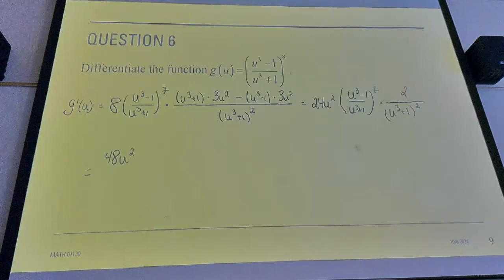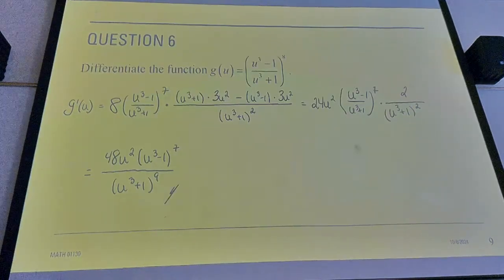We get a 48u squared times u cubed minus 1 to the 7th power in the numerator, all over u cubed plus 1 to the 9th power, right? There's the derivative.